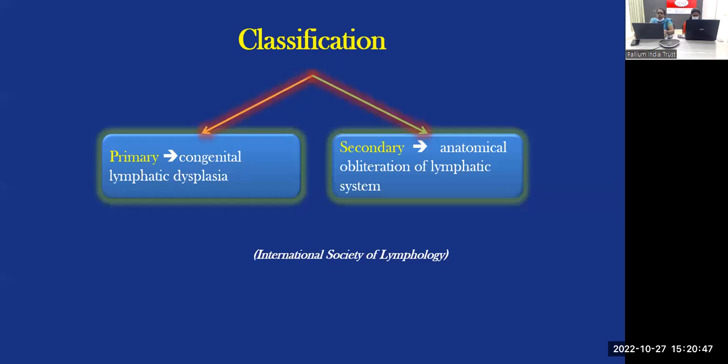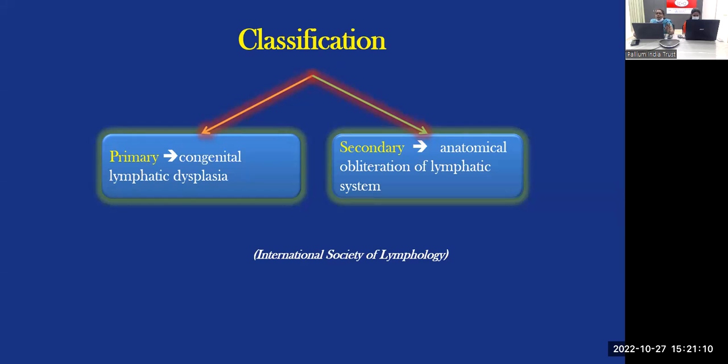Coming to the classification, according to the International Society of Lymphology, there are two different classifications, primary and secondary. Primary is congenital lymphatic dysplasia. From birth itself, there is a malformation of the lymphatic system. That is how that baby develops edema.